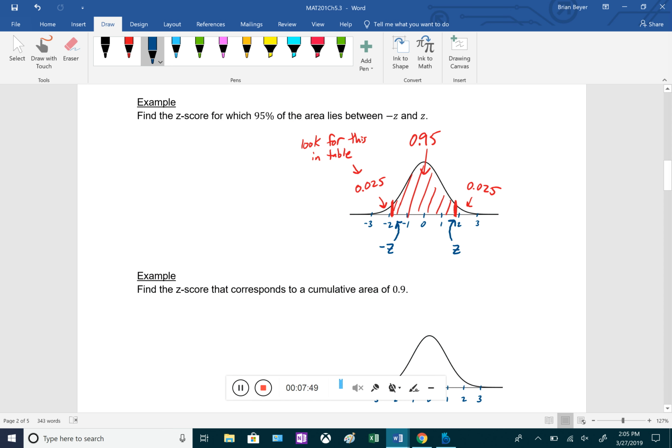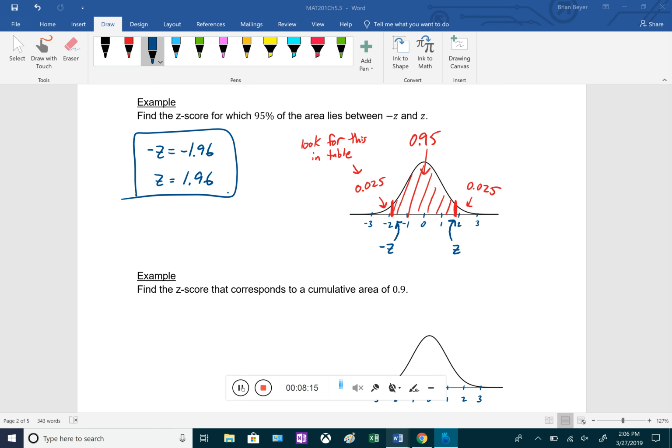So that was our negative z. So negative z equals negative 1.96. So positive z is just going to be the positive version of that. So that means that 95% of the area under the curve lies between a z-score of negative 1.96 and positive 1.96.